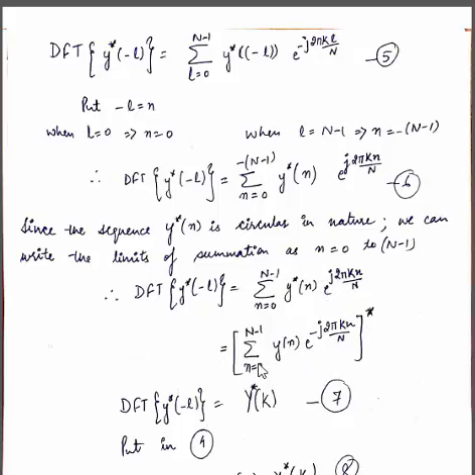Therefore it is equal to summation n from 0 to N minus 1 of y of n e raised to the power minus j 2 pi k n over N, whole conjugate. The term inside the bracket is the DFT of y of n, which is the formula of y of k, and the whole conjugate means y conjugate of k. That is equation number 7.